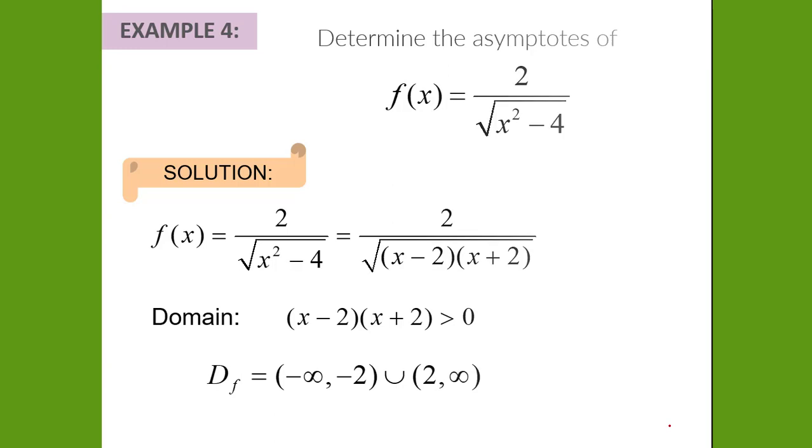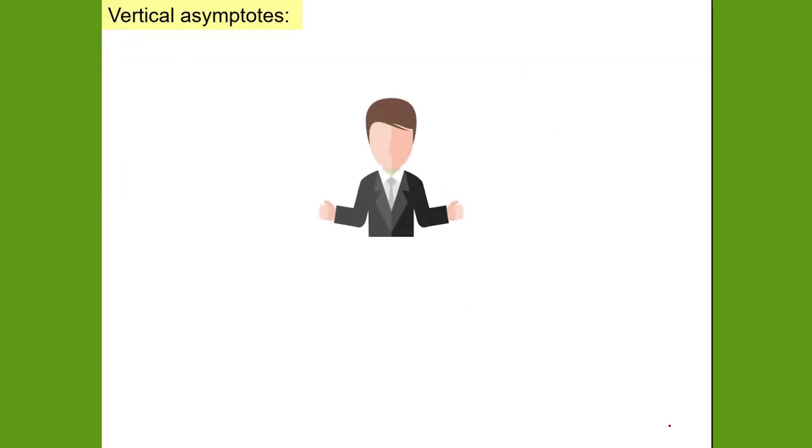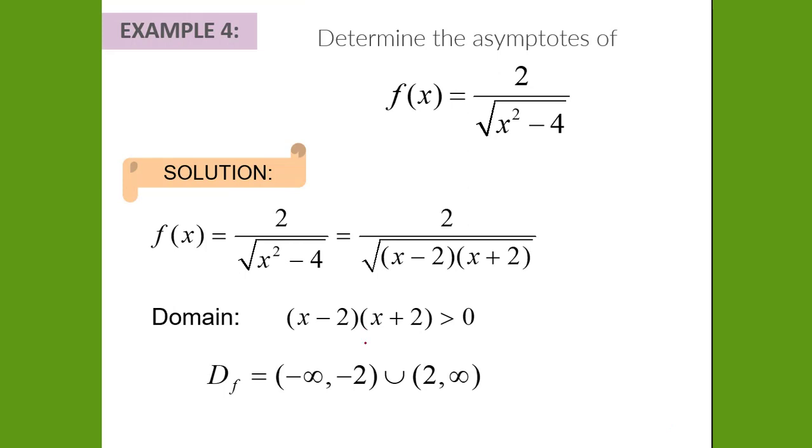Okay, find the domain. Then see what happens when, let's say, you substitute negative 2 from the right and 2 from the left. Suppose you get undefined. Why undefined? Let's say we substitute 2 from the left.